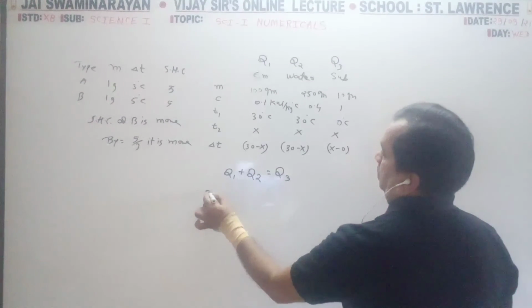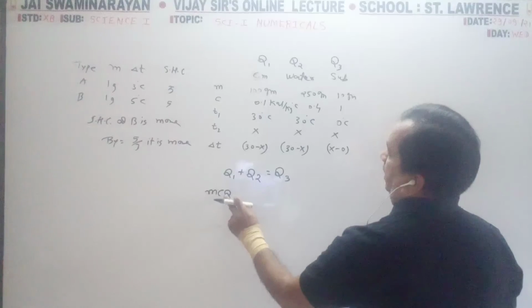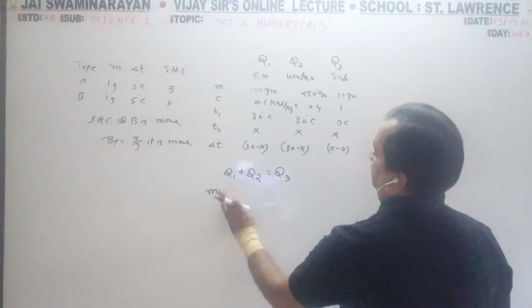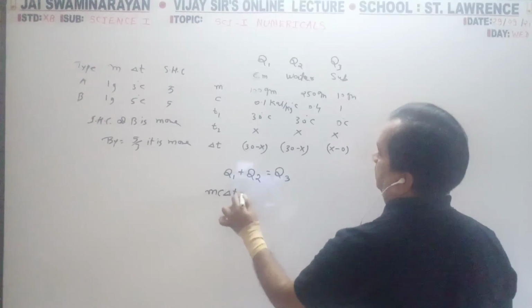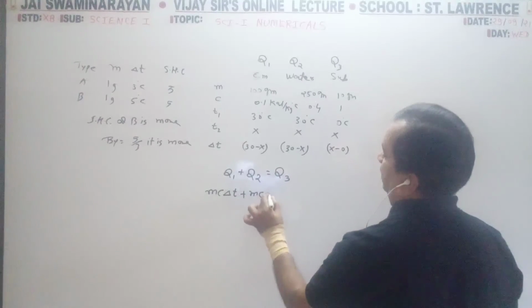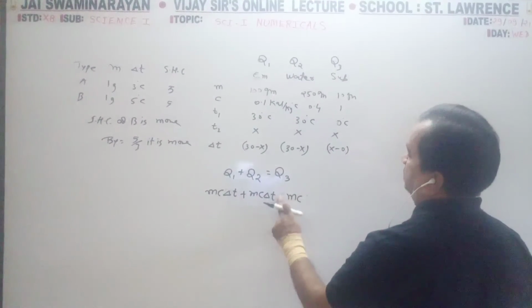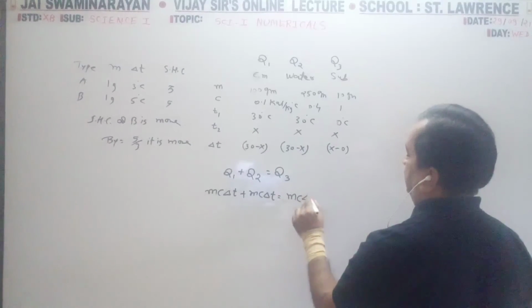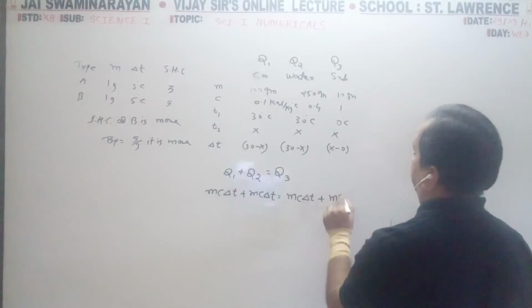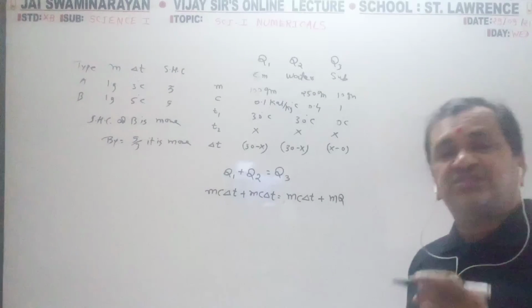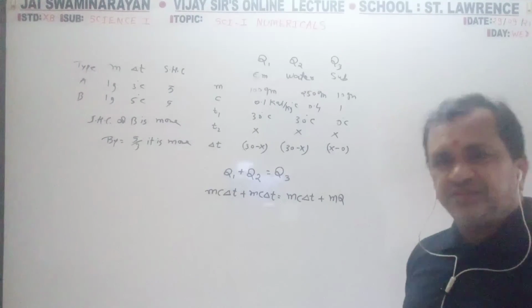So MC delta T plus MC delta T plus MC delta T is equal to MC delta T plus mL. Because it is ice, first it will melt, then the temperature changes.